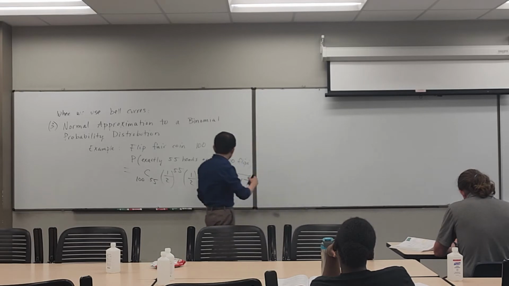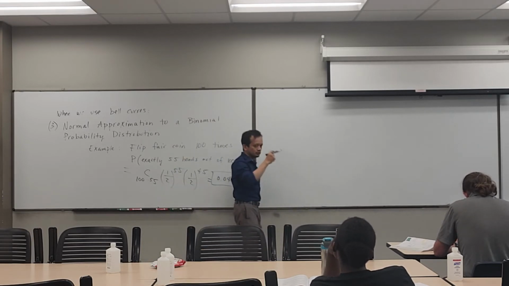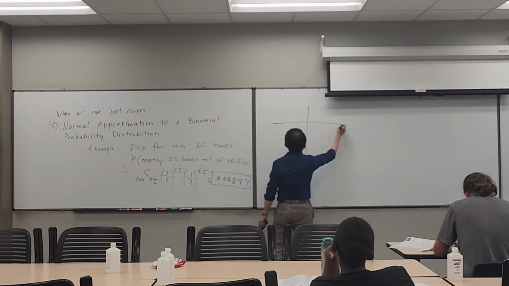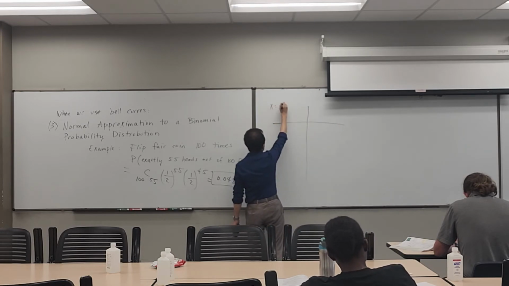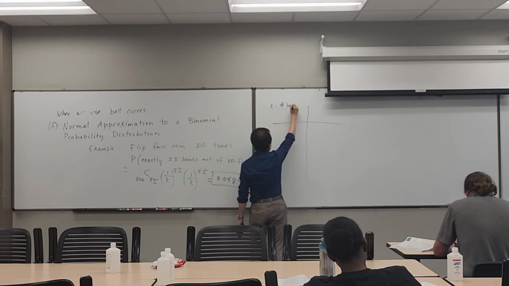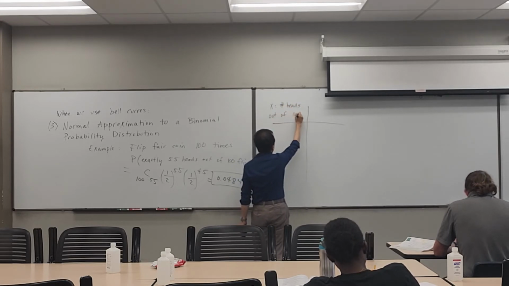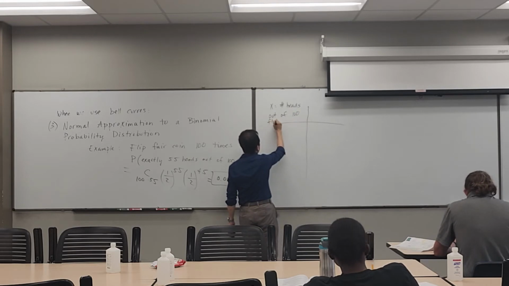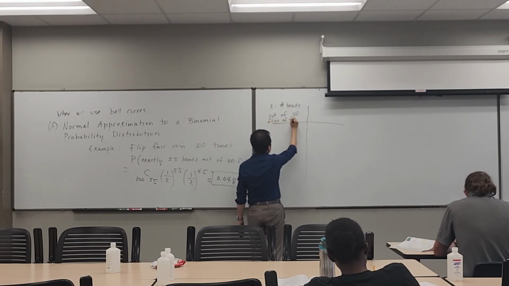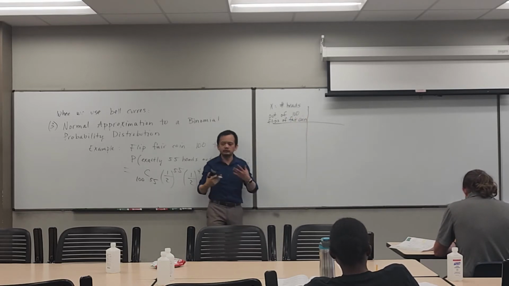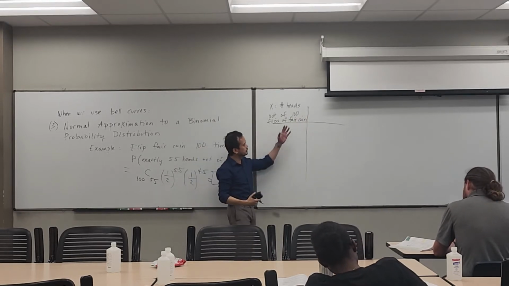So let's think about what this distribution would look like. So if I had this variable that represented the number of heads observed out of 100 flips of a fair coin, remember in a distribution we can represent that with a table of two columns.